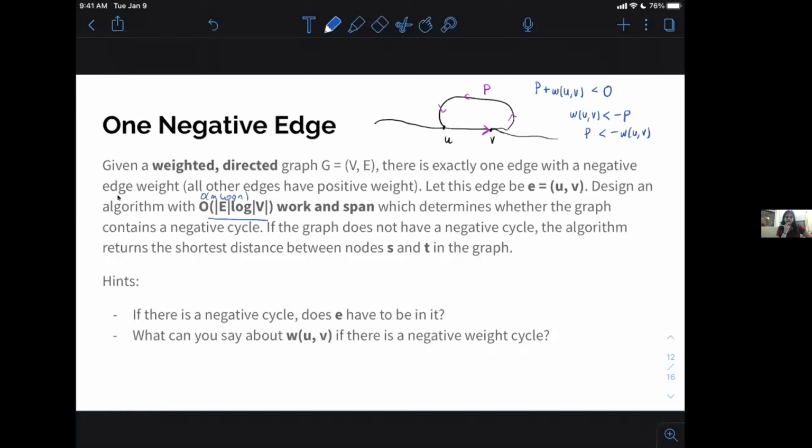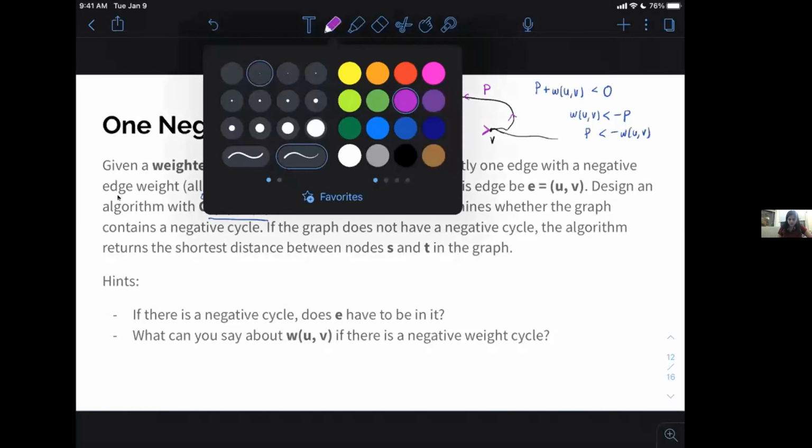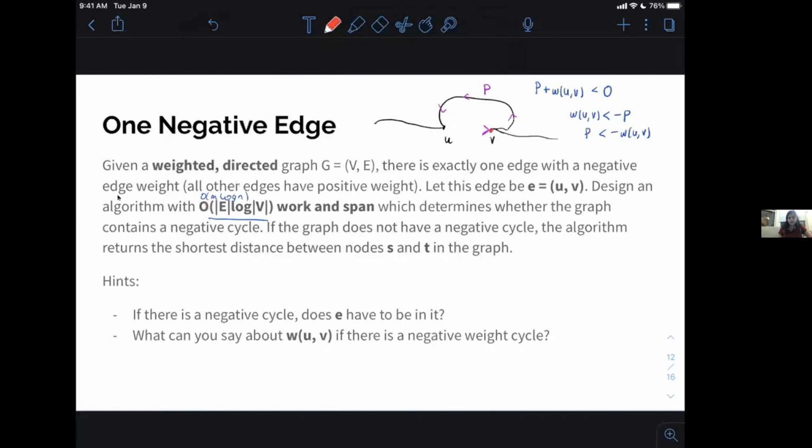I think you'd want to run Dijkstra's from V, but yeah, you can remove the edge U to V, and then when you run Dijkstra's from V, you'll get the shortest path from V to everything else. So then you'll know what this distance is, and if this inequality is satisfied, then you have a negative cycle.